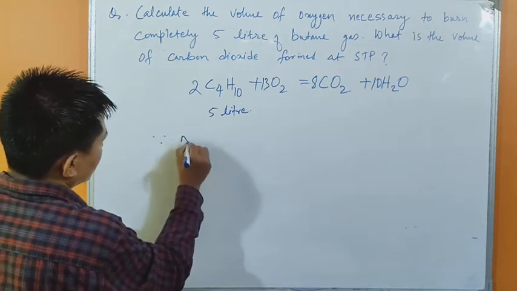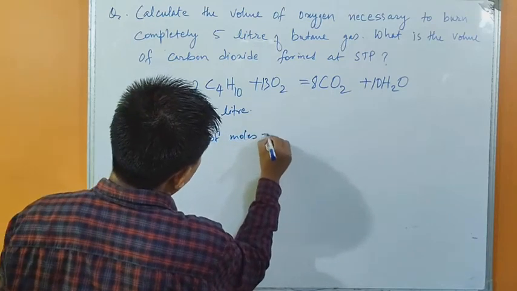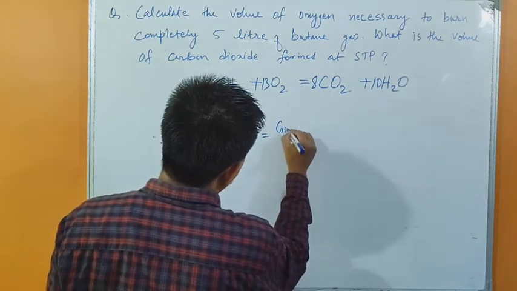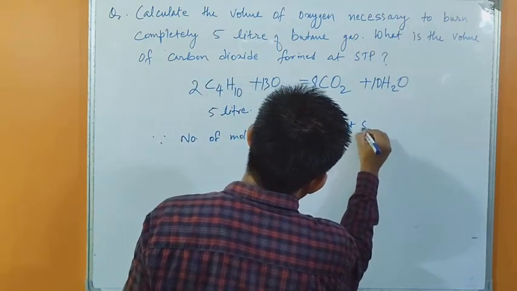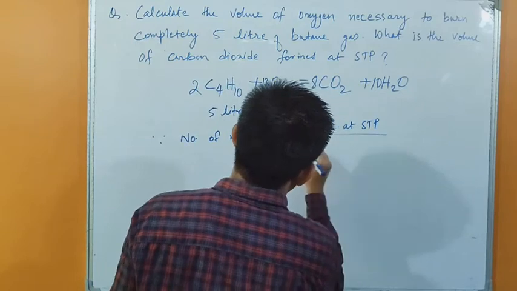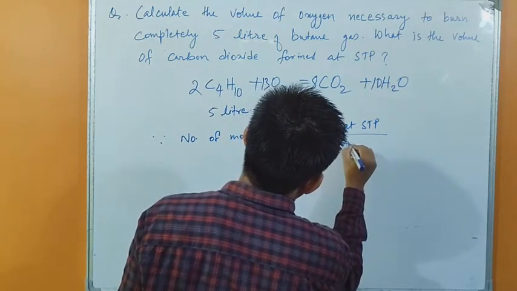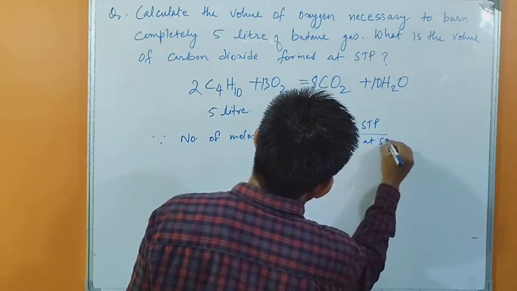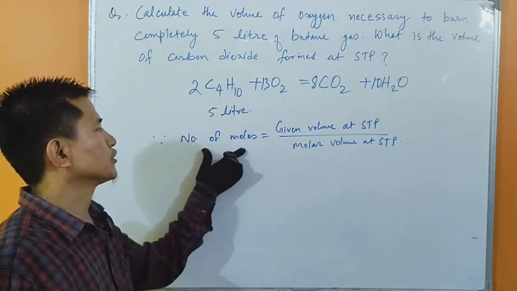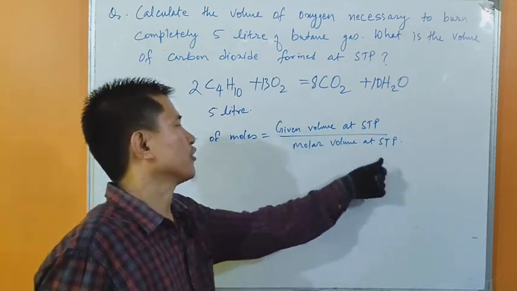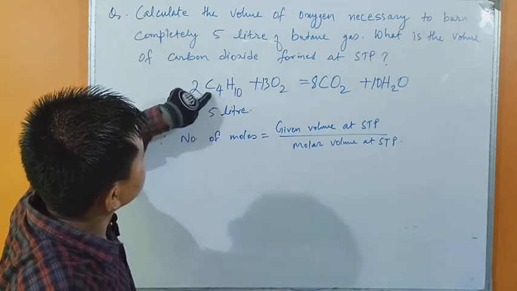Number of moles is equal to given volume at STP divided by molar volume at STP, isn't it? When related to volume, the formula for number of moles is given volume at STP by molar volume at STP, and you know that the given volume of butane is 5 liters.